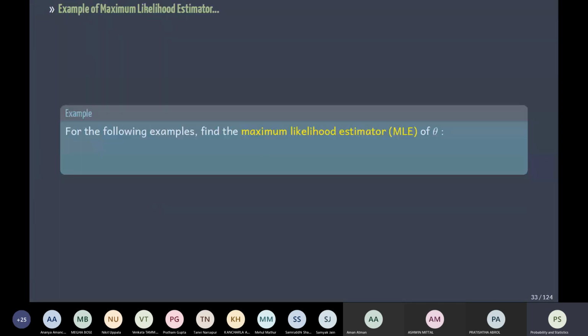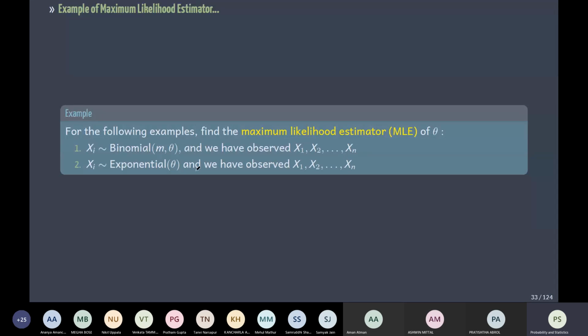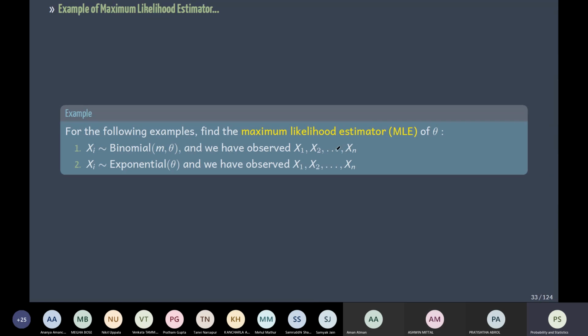Okay, so an example of a maximum likelihood estimator. For the following examples, what is the maximum likelihood estimator of theta? Let us say x is binomial and we have observed x1 to xn, and x is exponential and we have observed x1 to xn. So what is the maximum likelihood estimator? This is from the previous example, right? What we observed, x1 to x4, was 1, 3, 2, 2, and for the exponential 1.23, 3.32, and so on.